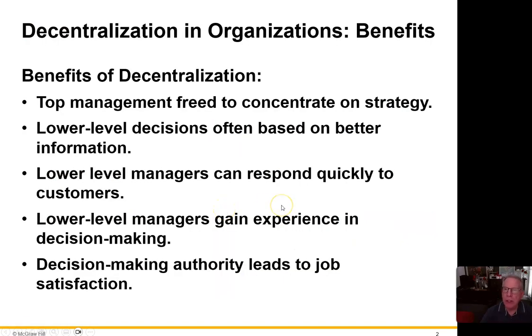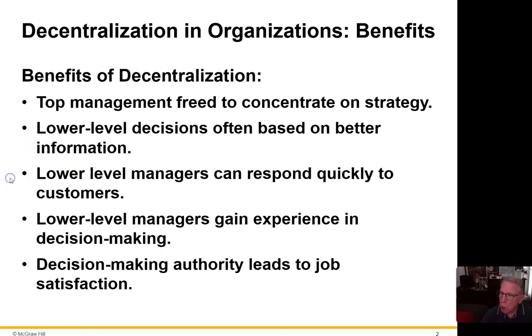All right, so decentralization in organization. What are the benefits? Well, number one, top management is freed more to concentrate on strategy. Number two, lower level decisions can often be based on better information.